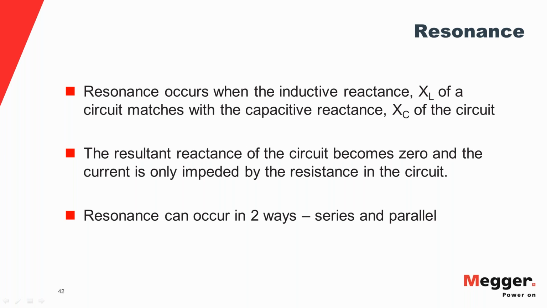So the only obstruction in the circuit is the resistance. When that happens, you have an easy path for currents to flow.